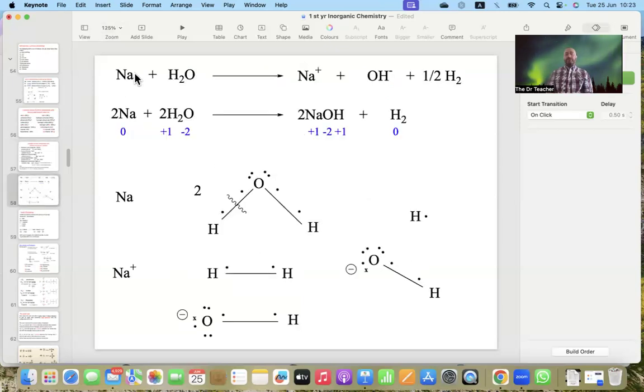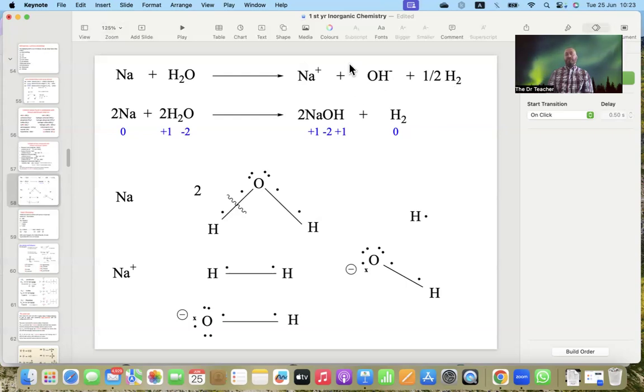Sodium and water, and this is very dangerous. When you add sodium to water, it explodes. So we don't do this, but we have to separate the water into hydroxide and half H2O. So in this case, half hydrogen gas and hydroxide will become water.